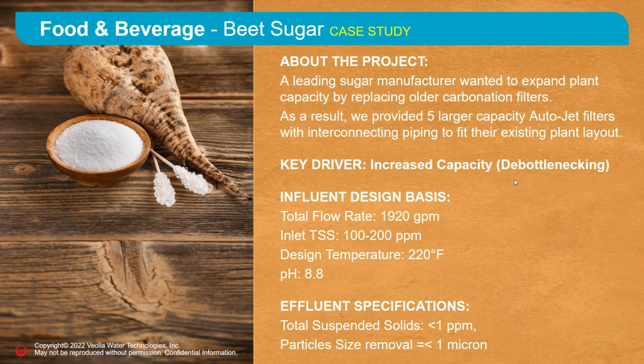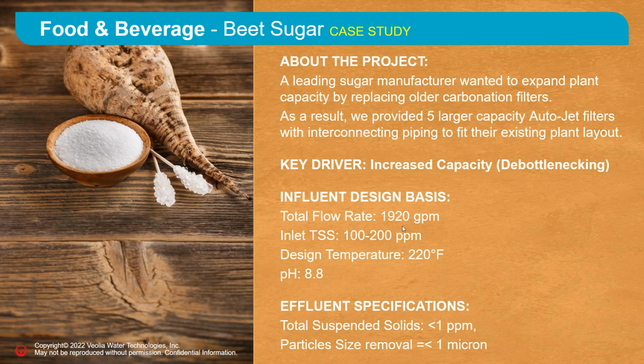We did a project recently where a beet sugar manufacturer wanted to expand their capacity, and they were replacing their older filters. So we provided 5 larger capacity Auto-Jet filters with the interconnecting piping so that it fits into their existing plant layout.